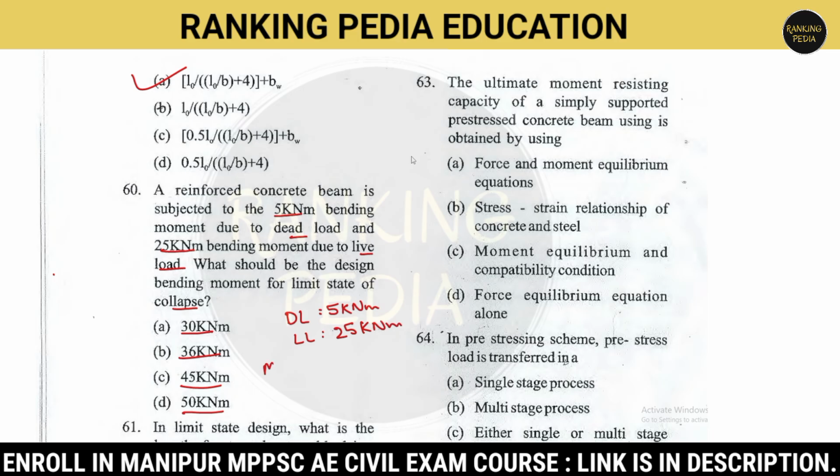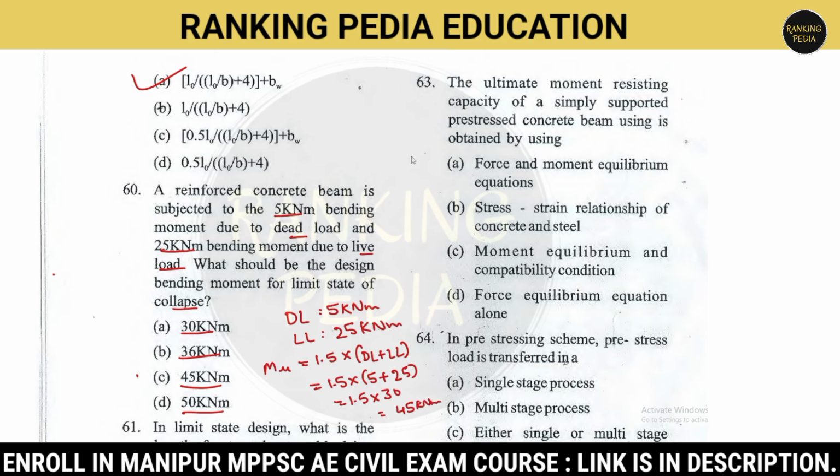For this, your formula is Mu = 1.5 × (DL + LL), which is the sum of dead load moment plus live load moment, multiplied by 1.5. So 1.5 × (5 + 25) = 1.5 × 30, which comes out to be 45 kNm.